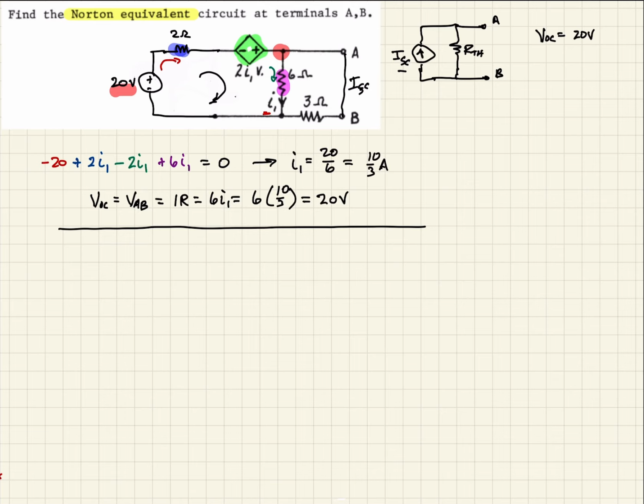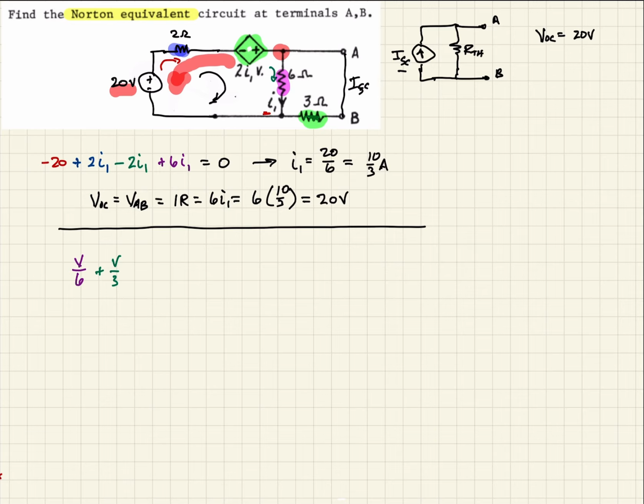So when we do that, we've already have the purple, so we'll just keep the same colors going here. So our 6 ohm resistor is in the purple, so the current through there is going to be V over 6. And then we'll do another color here. We'll just say green for the 3 ohm resistor right here. And so we'll just use that color green. And so that's going to be plus V over 3. It's the same voltage. All right, and then that leaves our last leg, and we'll go back to our red. That's this leg here going in this direction.